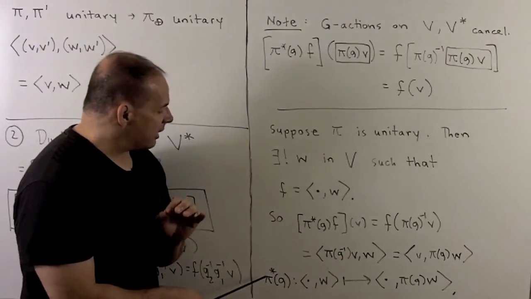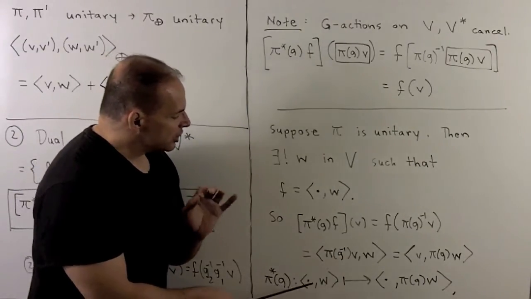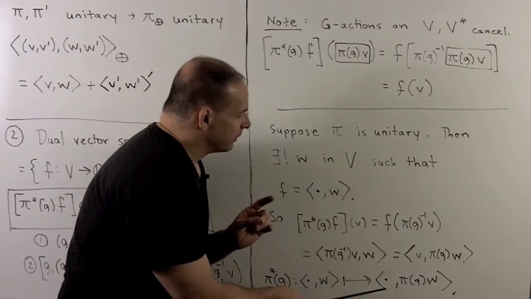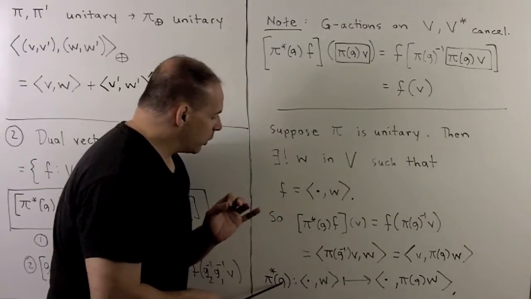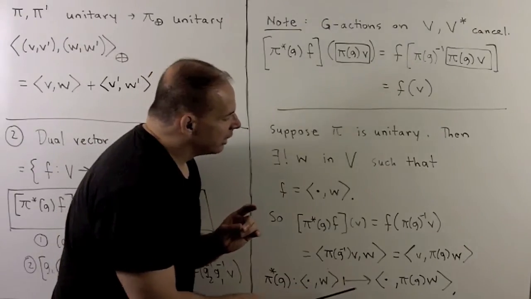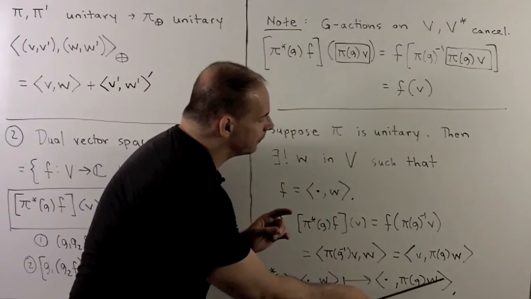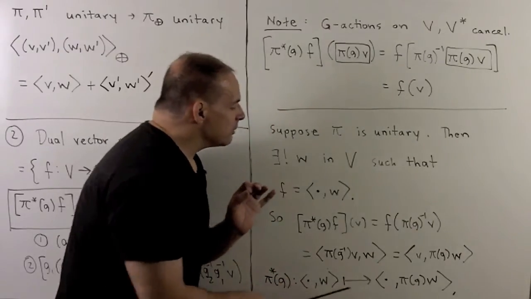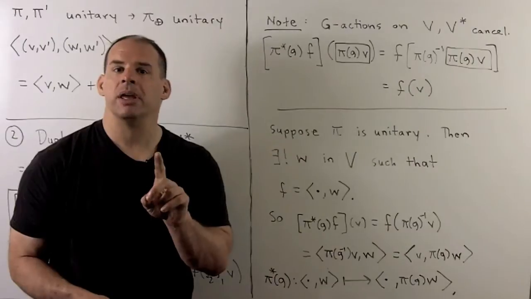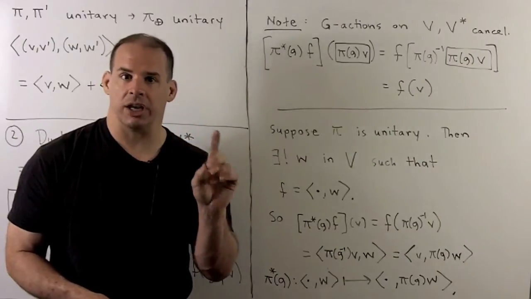This says that pi star of G is just carrying vectors that look like this to vectors that look like this. So the group action does what we would want: take your vector, wherever it appears, and put the G in front of it. Now, this doesn't mean that the representation we have here is the same as the original. It's going to be off by a conjugate.